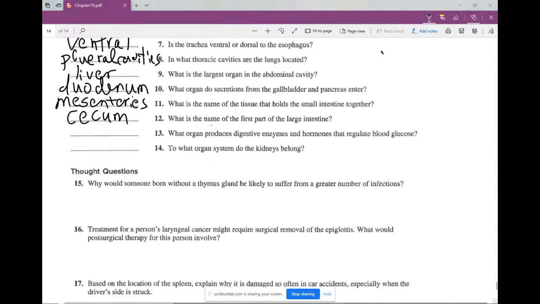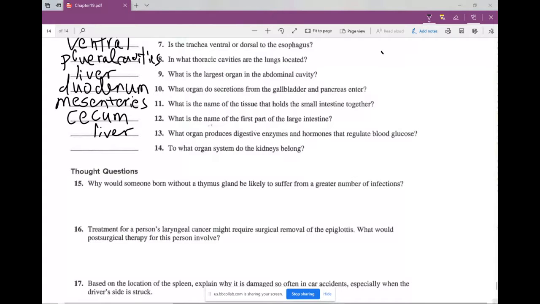What organ produces digestive enzymes and hormones that regulate blood glucose? You have the liver. To what organ system do the kidneys belong?